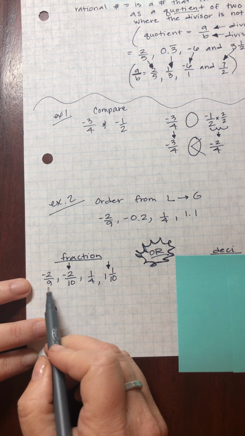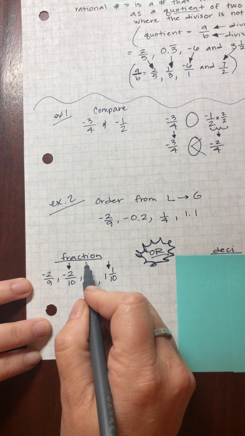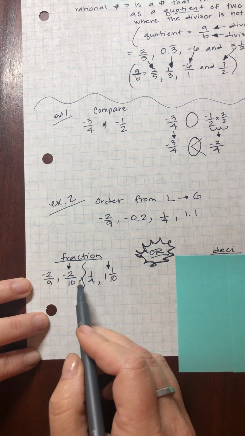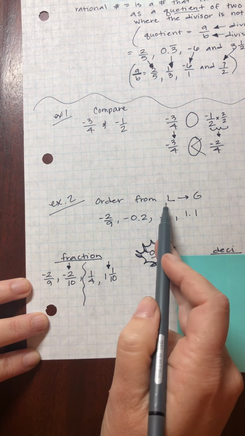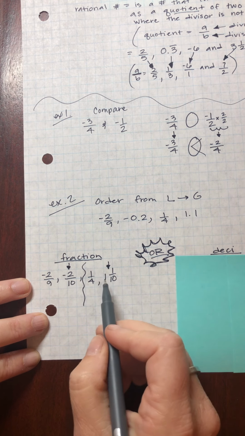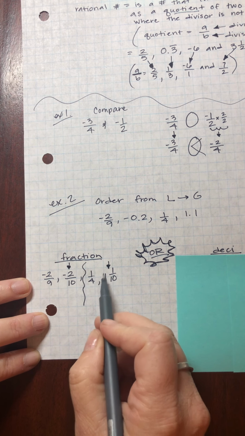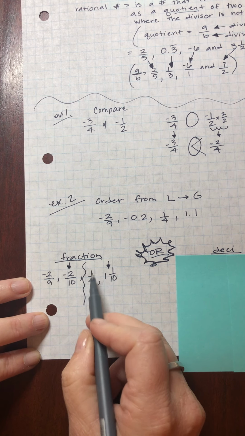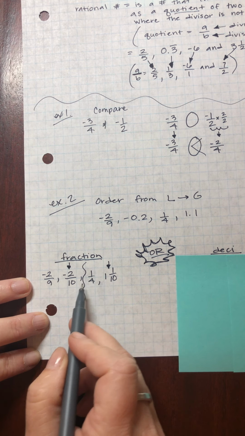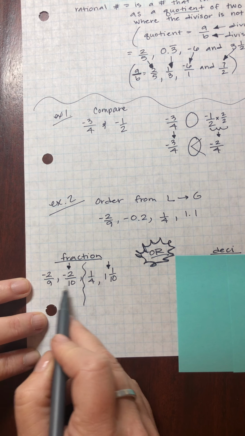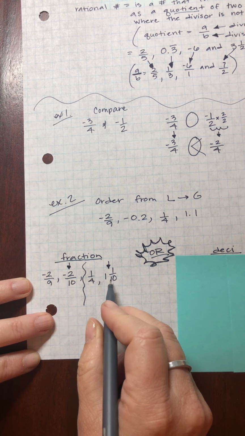And now if I'm looking at this, I see I have 2 negatives and 2 positives. So if I break them up with my negatives and my positives, remember I'm trying to go from least to greatest. 1 1/10 is the biggest because it's the only one that has a whole number. And 1/4 is positive, so it's going to be bigger than these two, but definitely smaller than this.